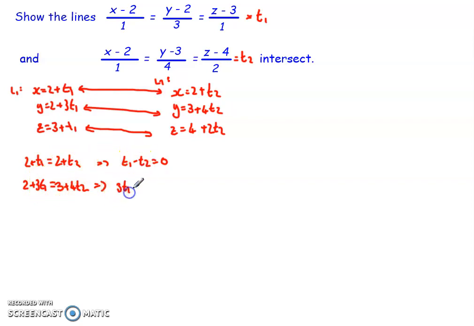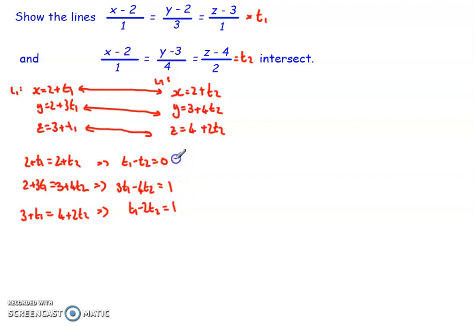What I'll end up getting is 3t1 minus 4t2 is equal to 1. And then the last one, my 3 plus t1 equals 4 plus 2t2. Shift it about in similar fashion. I get t1 minus 2t2 equals 1.